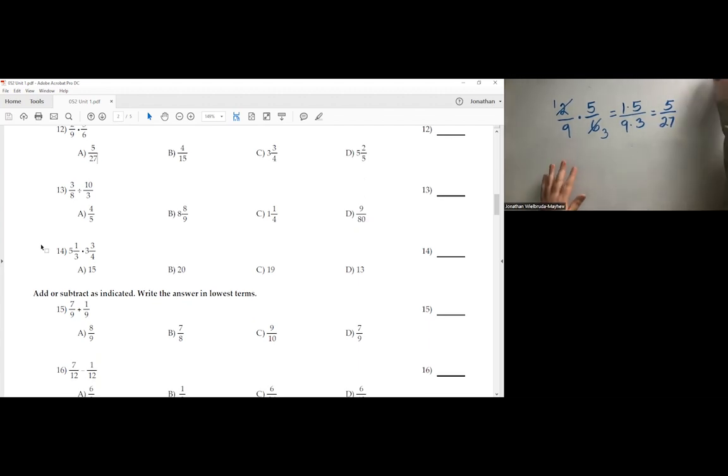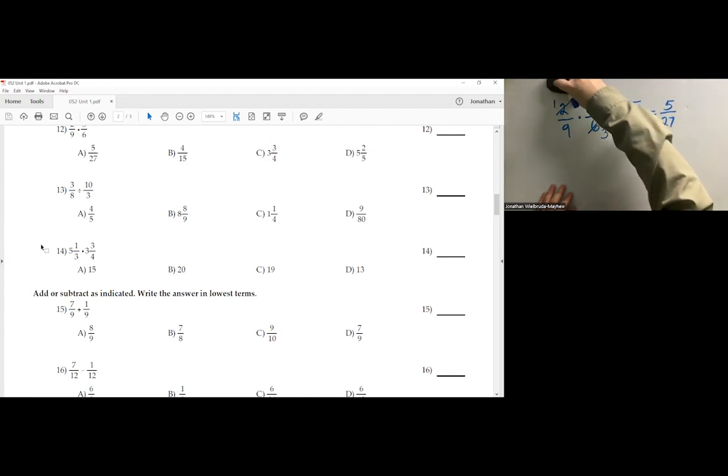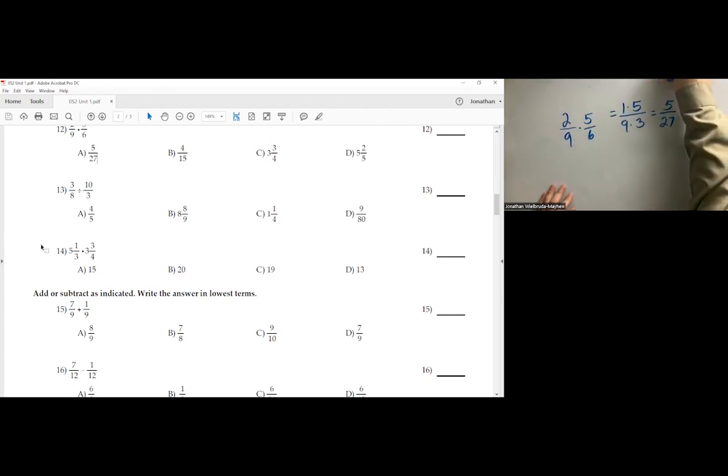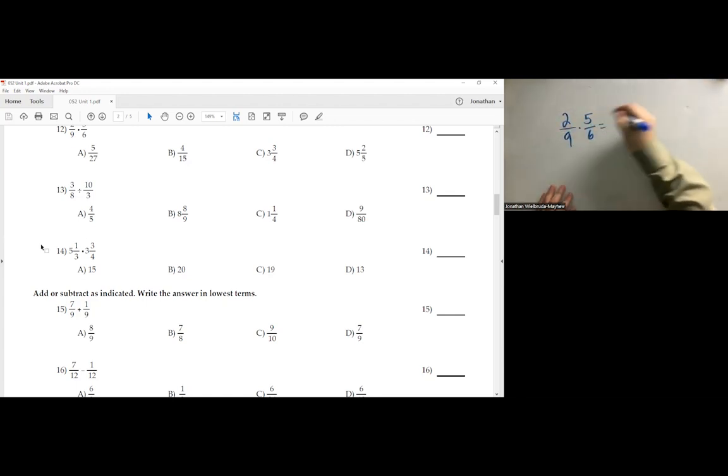If you didn't notice the canceling, and you went straight across the top and straight across the bottom, you can still get to the answer. 2 times 5 is 10. 9 times 6 is 54. You would have to reduce.